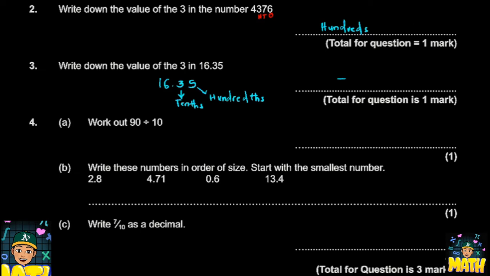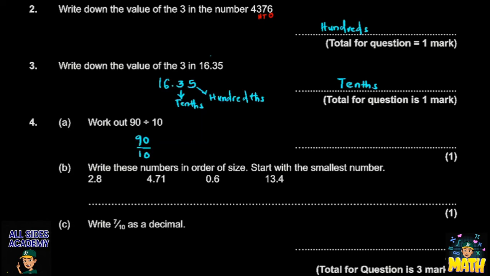So you have to write 3 tenths or 0.3 in that case. All right, 90 divided by 10, the zeros cancel out. So you remain with 9 over 1, which is 9.